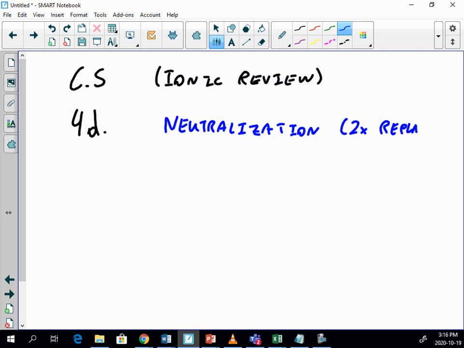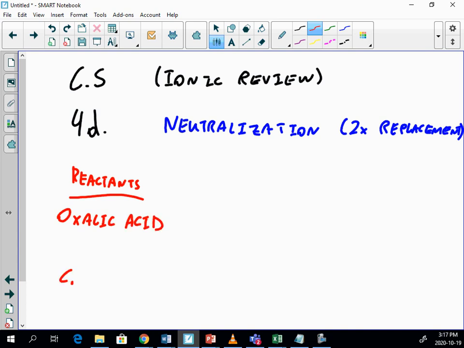So let's list out our reactants and figure out their chemical formulas. Our reactants are oxalic acid, and calcium hydroxide, an acid and a base.